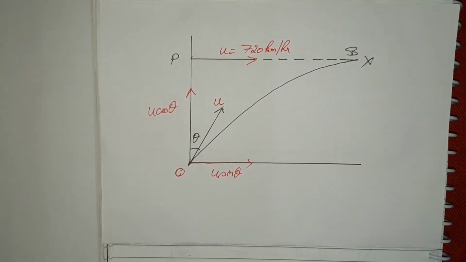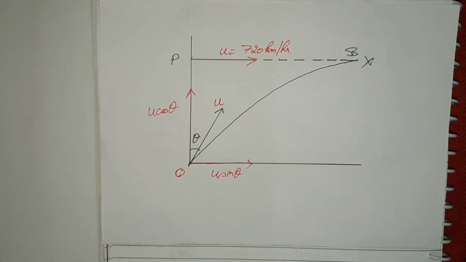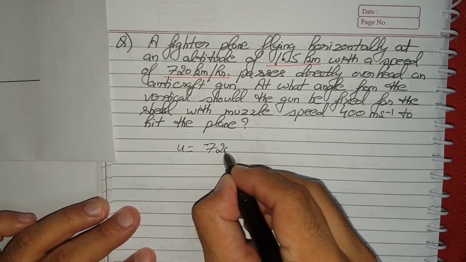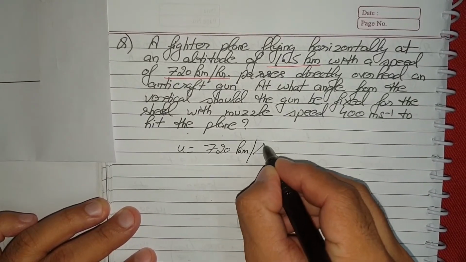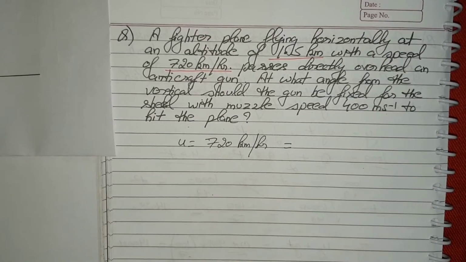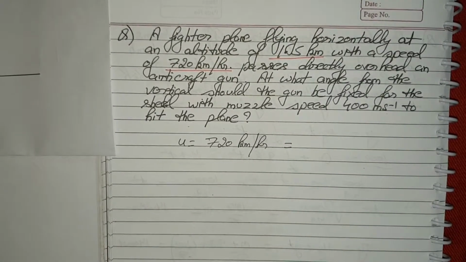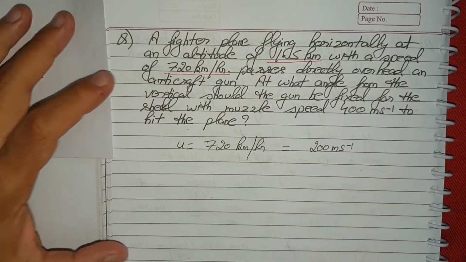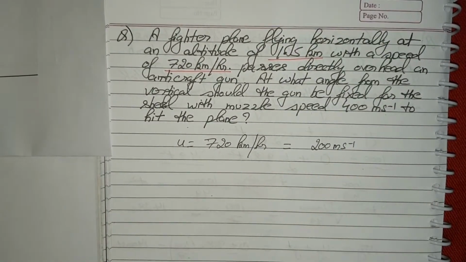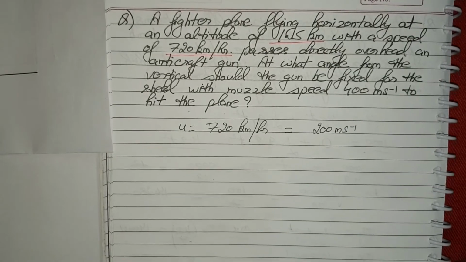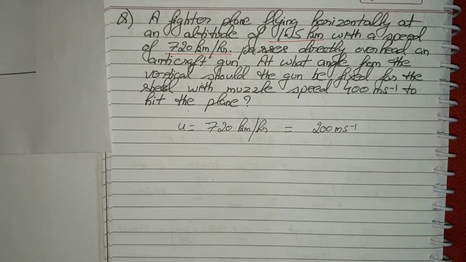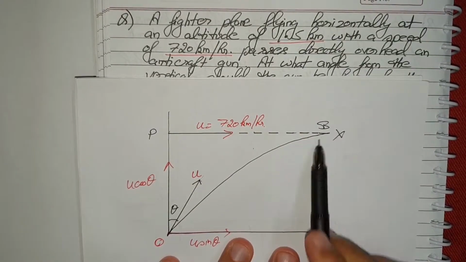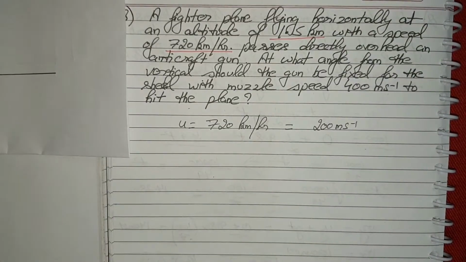So, first of all, let us do our conversions. The horizontal velocity of the plane is 720 kilometer per hour. If you convert this to meter per second, you know how to convert it, this is actually 200 meter per second. Now, for the horizontal distance traveled by the plane, let t be the time taken when it hits the plane.